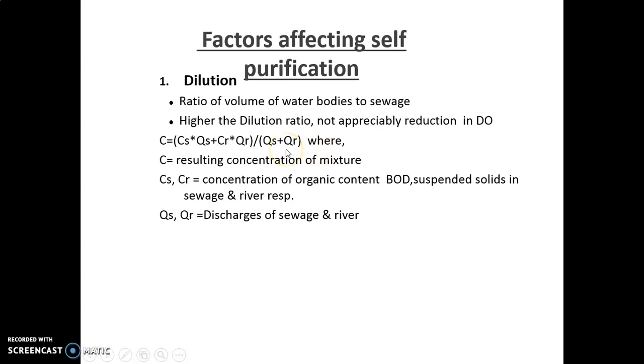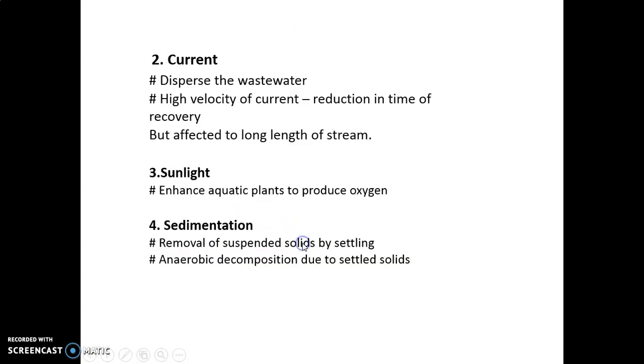Here C is the resulting concentration of the mixture, CS is suspended solids in sewage and CR is suspended solids in river. QS is the discharge of sewage and QR is the discharge of the river.